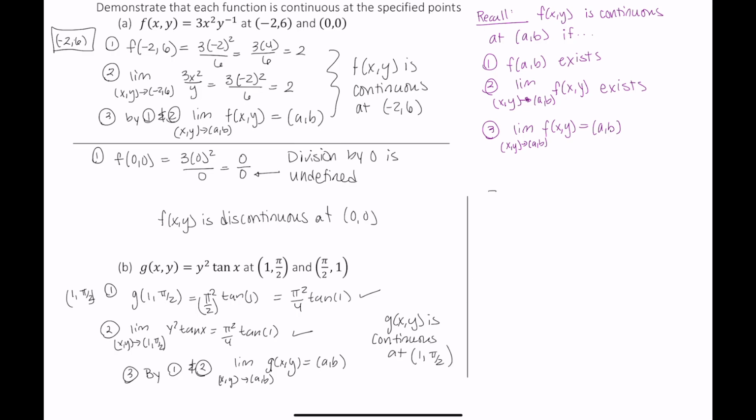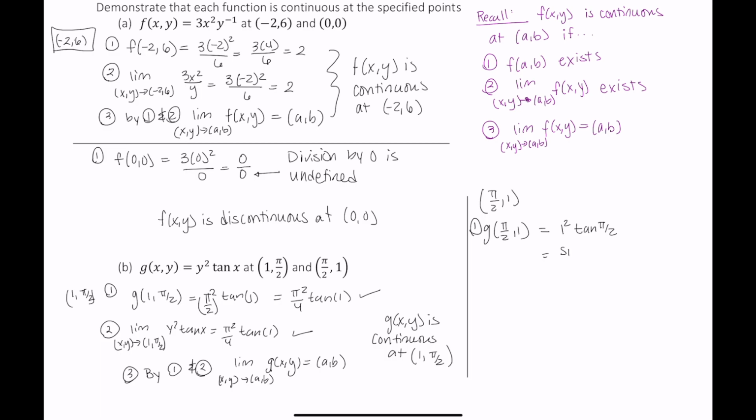Now let's look at this for the point pi over 2 comma 1. So g of pi over 2 comma 1, this is the first condition, to see if the function exists at that point. Well, y is 1, so now I have 1 squared tangent of pi over 2.